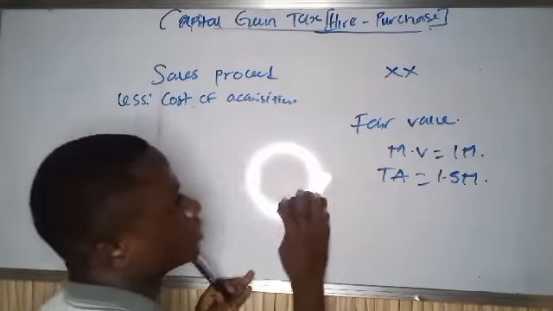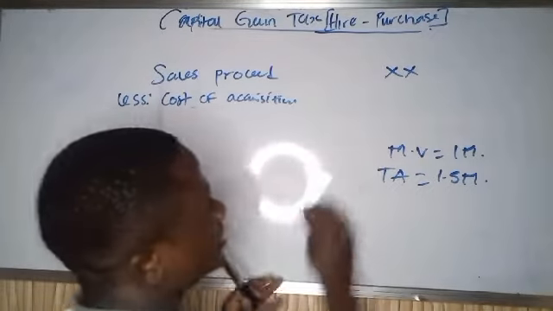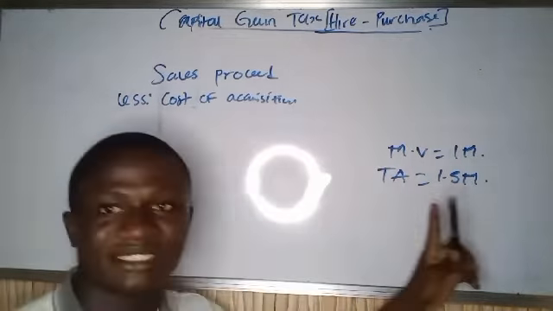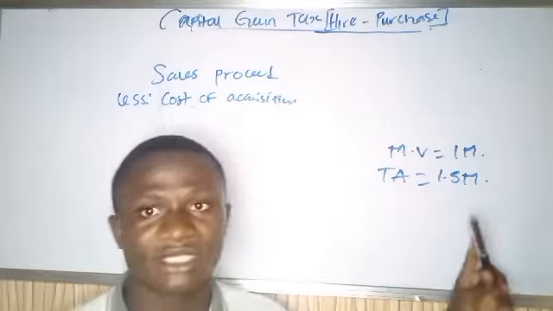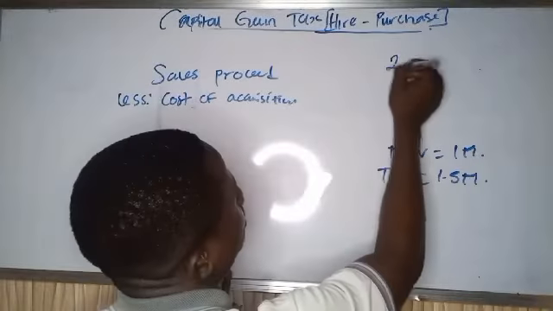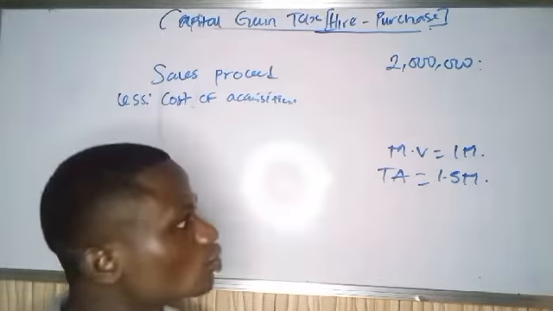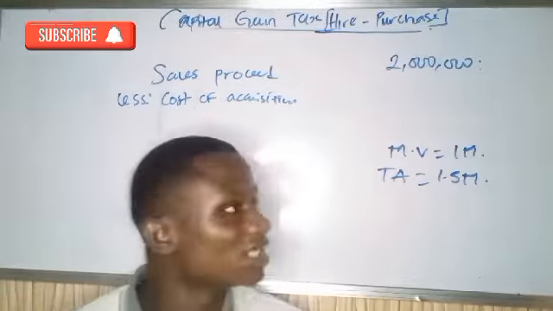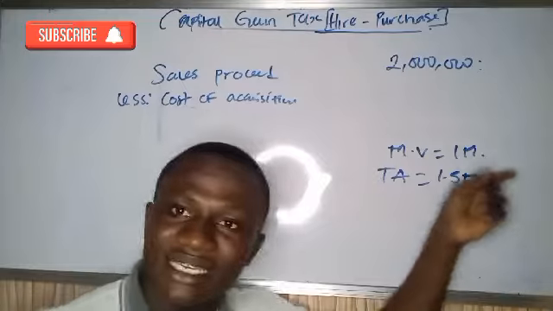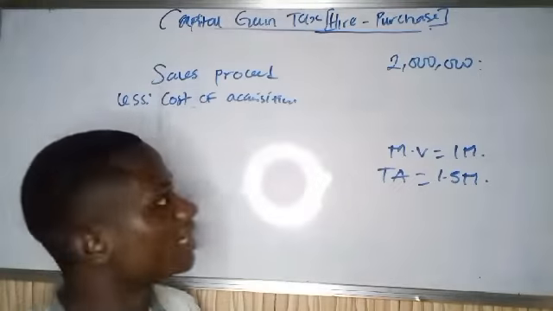Let's say, for example, with this same illustration, you are selling this same asset that you bought for 1.5 million naira. You are selling it for 2 million naira. Just for illustration, so you get why we need to consider the market value and not the hire purchase amount.